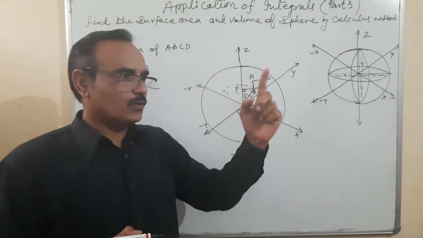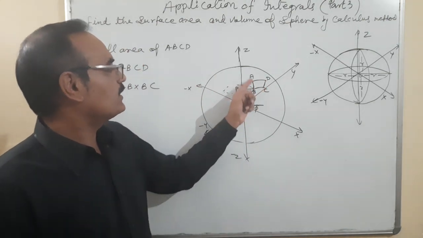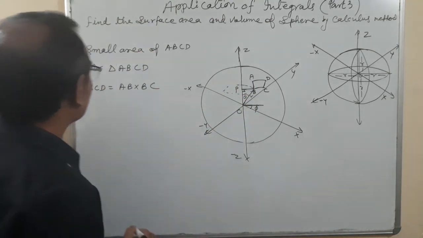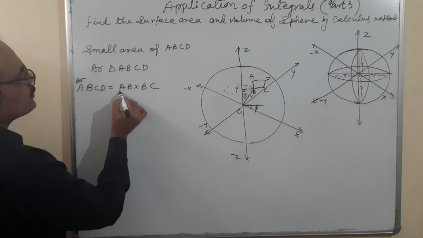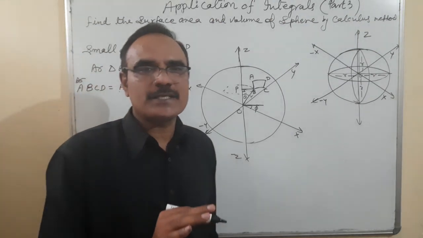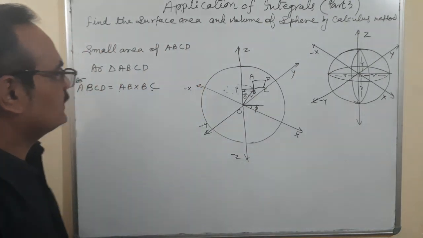One is rotating like that, so we are talking about this BC, and one is AB. So there are two radii here. Area of ABCD is equal to AB into BC. Now we are finding the values of AB and BC. These are very small, so we can treat them as delta AB multiplied by delta BC.